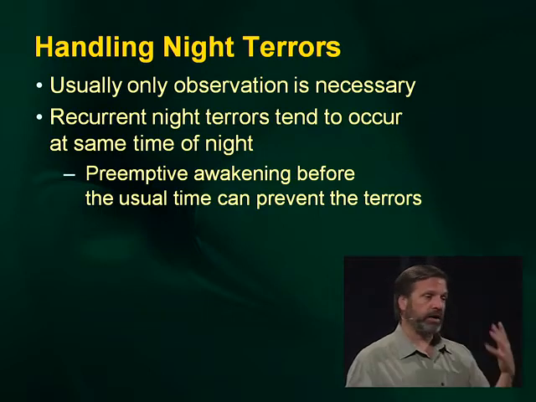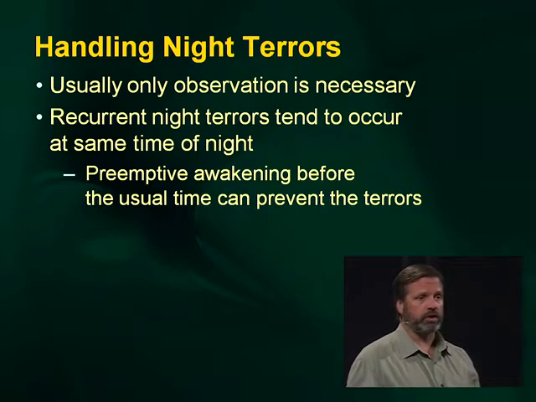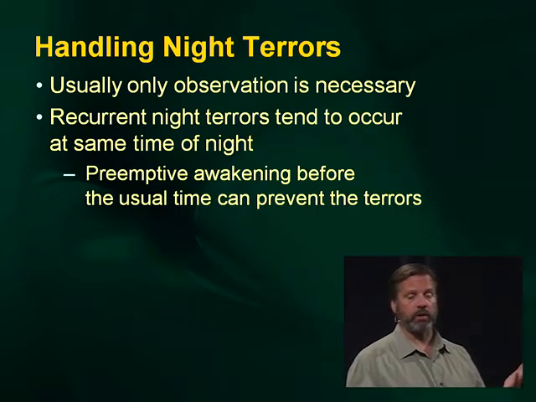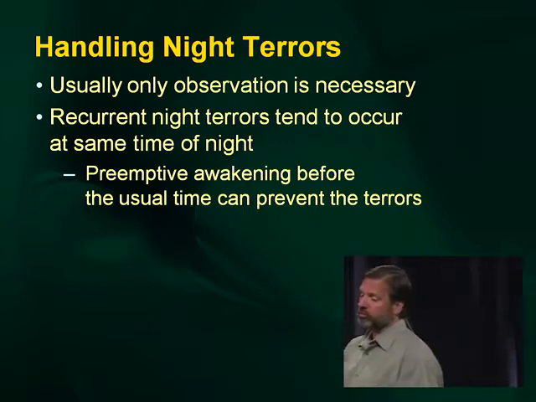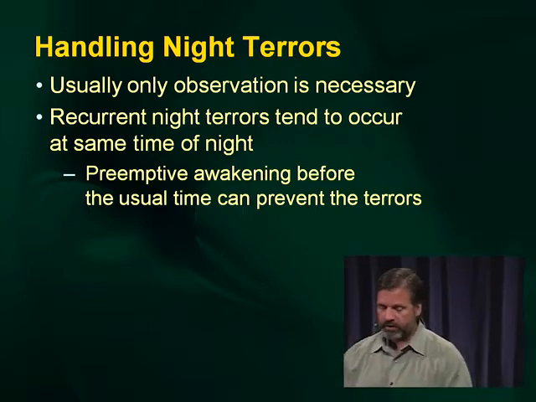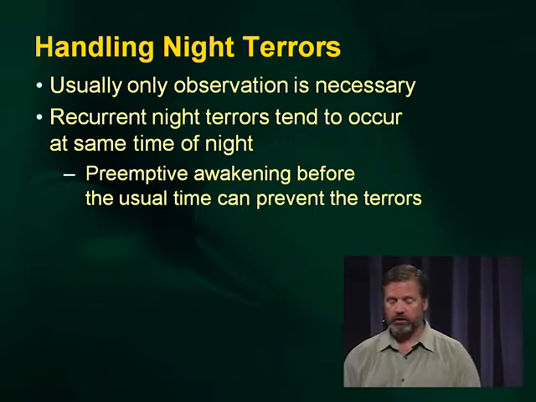If the parent is having a really bad time with a kid who's having night terrors, and they tend to occur at a certain time at night, that's because of their sleep cycle. So if they're going to bed at, say, 8:30 or 9, and their sleep terrors tend to be occurring around 11, the parent can actually wake them up at about 10:30 or so and reset the cycle. You'd obviously rather not do that, but that is a way to prevent the terrors from happening.